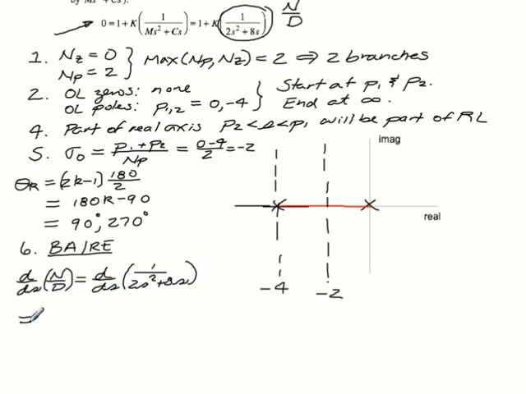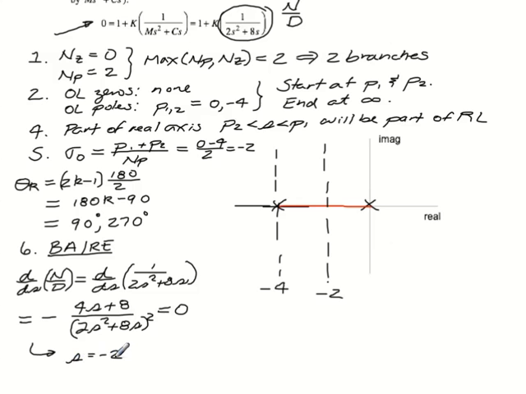Well, there's nothing on the top, so this is going to end up being minus 4s plus 8 divided by (2s squared plus 8s) squared. And those breakaway re-entry points are going to occur when that derivative is 0. So we solve this and we see that we have this occurring at s equal to minus 2.